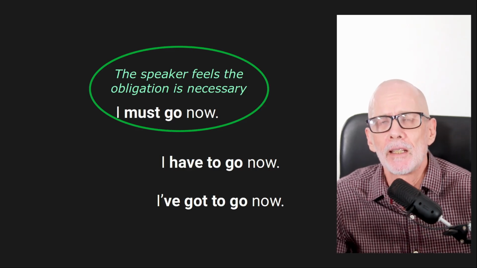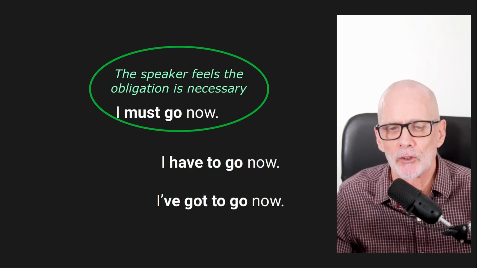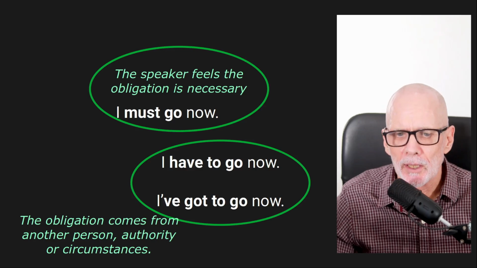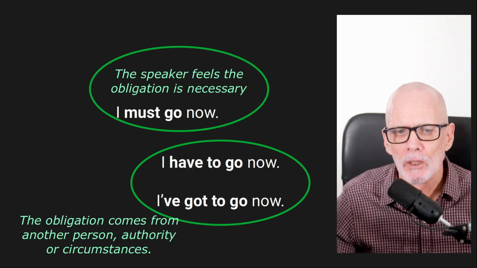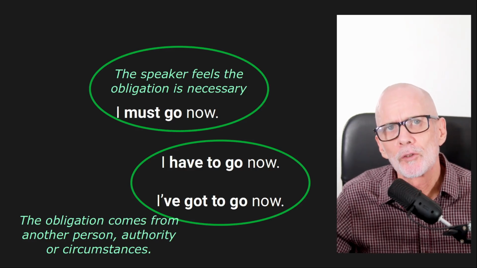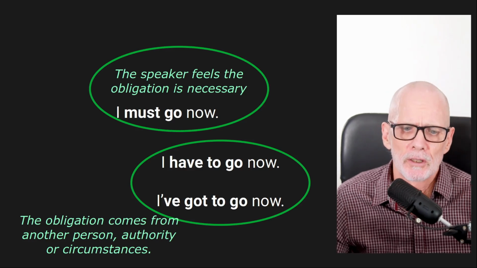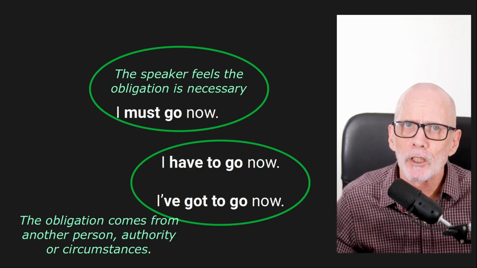I am creating the obligation, something that I feel I must do. Whereas when we say, I have to go now, or I've got to go now, this obligation comes from an external source, from another person, an authority, or circumstances.